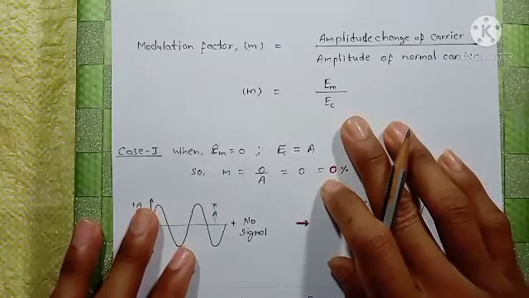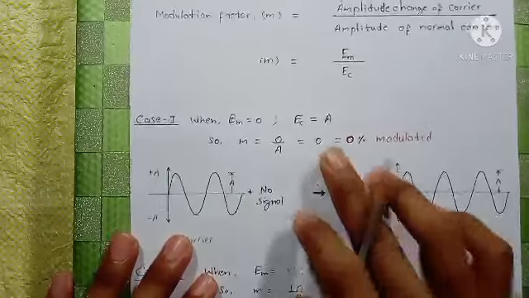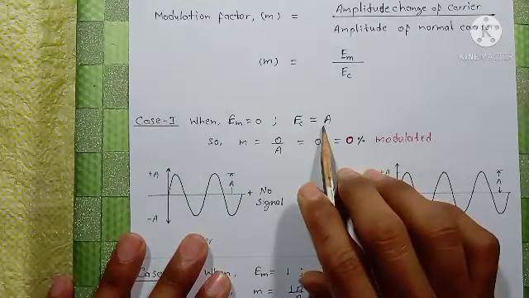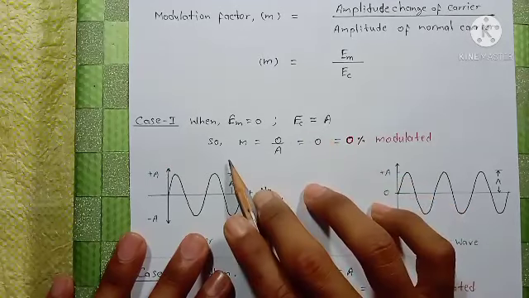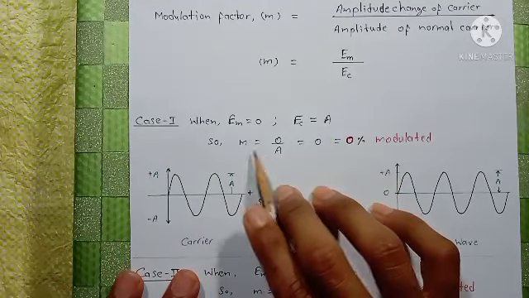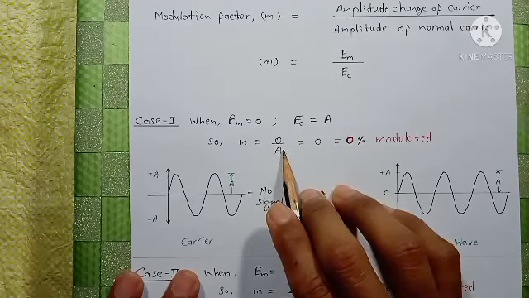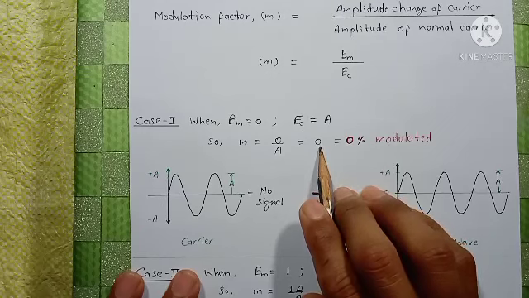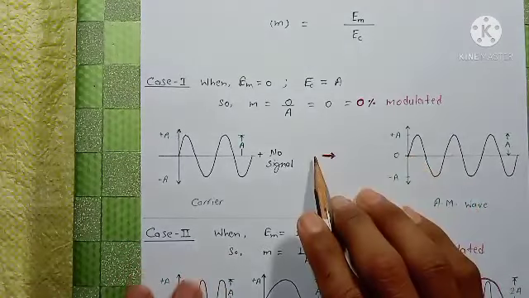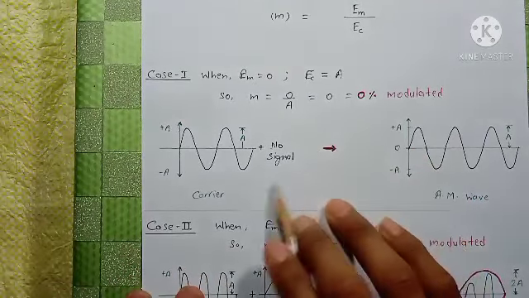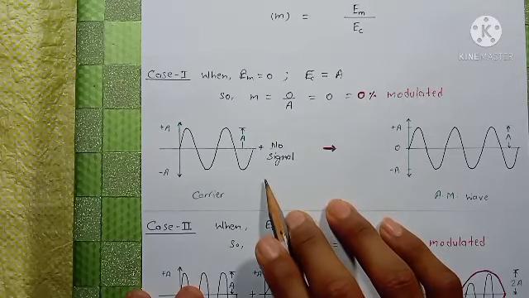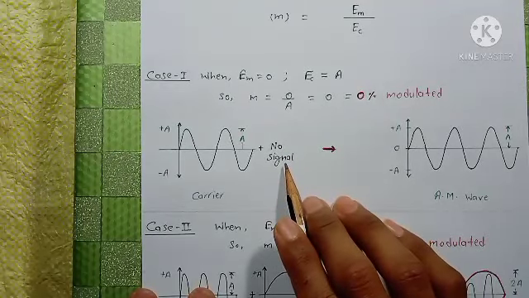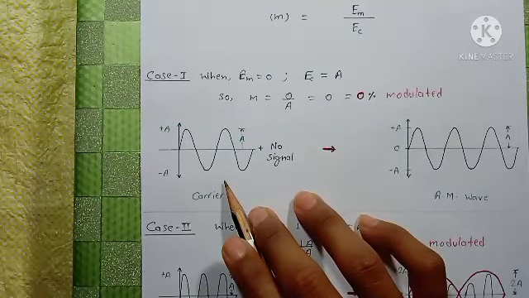Here we will discuss some cases. In case first, when the amplitude change of carrier EM is equal to 0 and the amplitude of normal carrier EC is equal to A, we will get the value of M is equal to 0 divided by A, and it is equal to 0. Because in the first case, we can say that in the absence of signal, here there is no message signal, only the carrier signal.